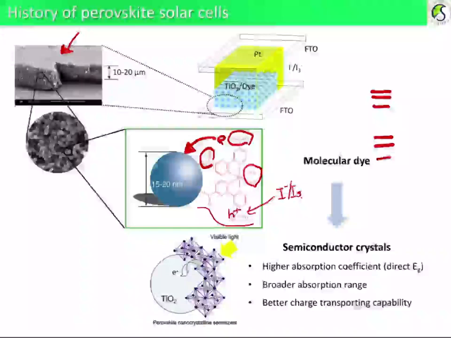And in fact, in the molecular dye, the energy state is discrete. So the absorption coefficient should be much lower than the crystalline solid material. So it is difficult to achieve very high light harvesting efficiency.